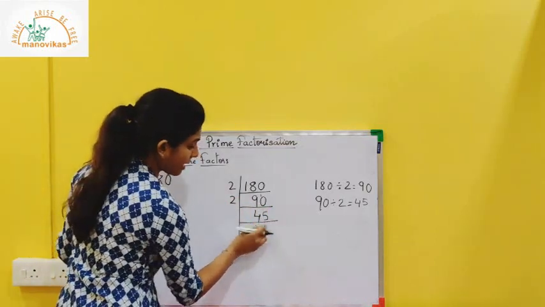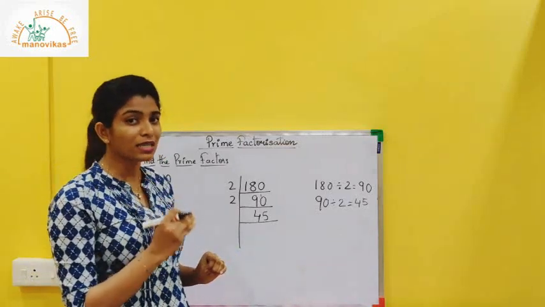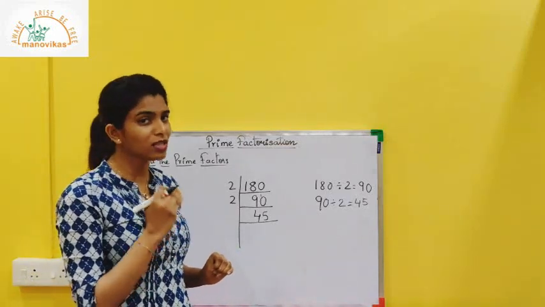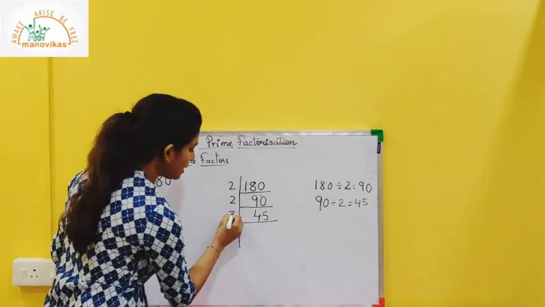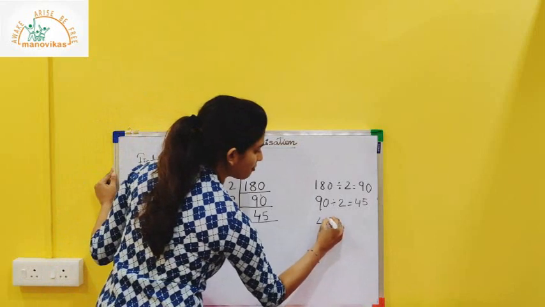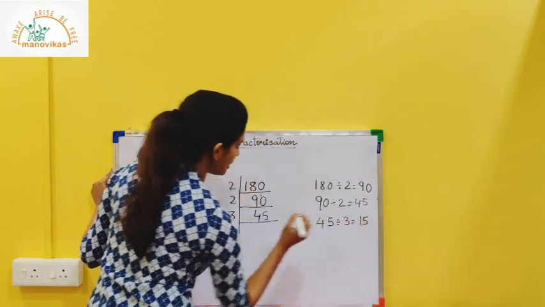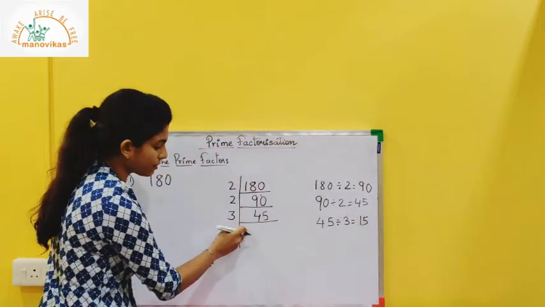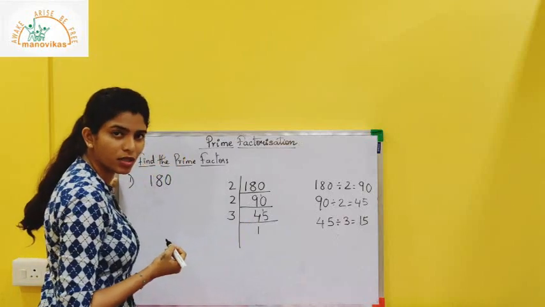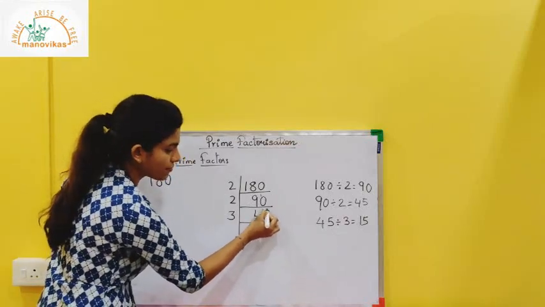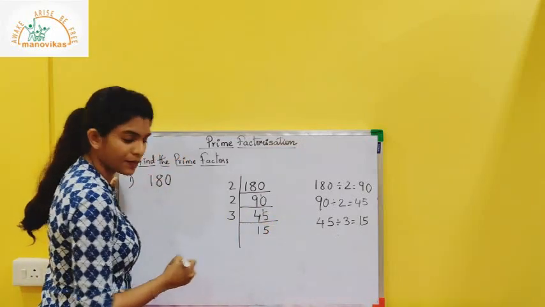Now if you see, 45 is not an even number, it's an odd number. So it is not completely divisible by 2. So we move on to the next prime number, that is 3. So 45 divided by 3 will be 15. Or else you can do it this way. 3 1s are 3. 1 is carried forward. So this becomes 15. 3 5s are 15.